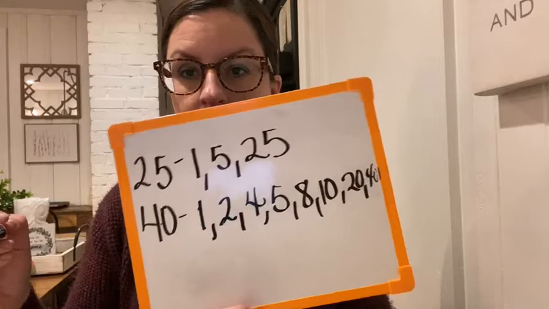So we have 1 times 40, 2 times 20, 3 is not one because it's even, 4 times 10, 8 times 5, so 5, 8, 10, 20, 40. So what is the greatest common factor? I was right, it's 5. Okay, so 1 and 5 are the only common factors. So the greatest common factor is 5.